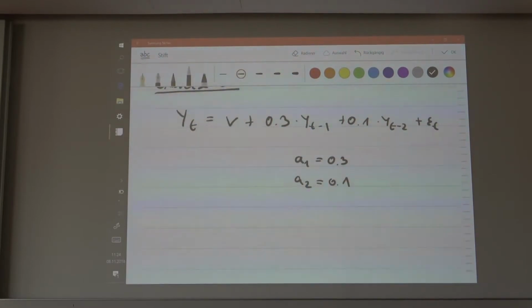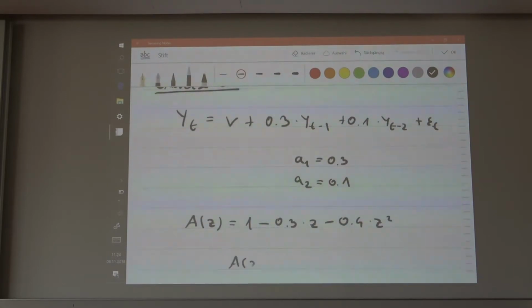This is what we have done, so I'm not going to do this again. Maybe remember that the first root was, I think, 1.25, and the second root was -2. Let me just summarize that. The lag polynomial is equal to 1 minus 0.3 times z, if you use an argument z, minus 0.4 times z squared.